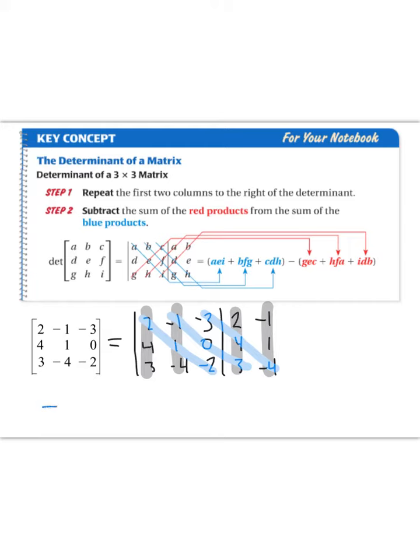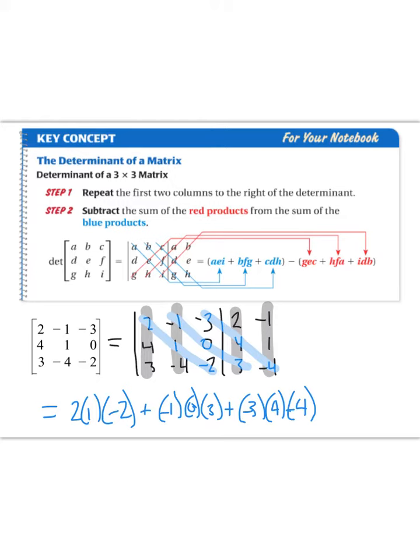So I'm going to get 2 times 1 times -2 and add it to the middle diagonal. So -1 times 0 times 3, and add it to the last diagonal. So -3 times 4 times -4.